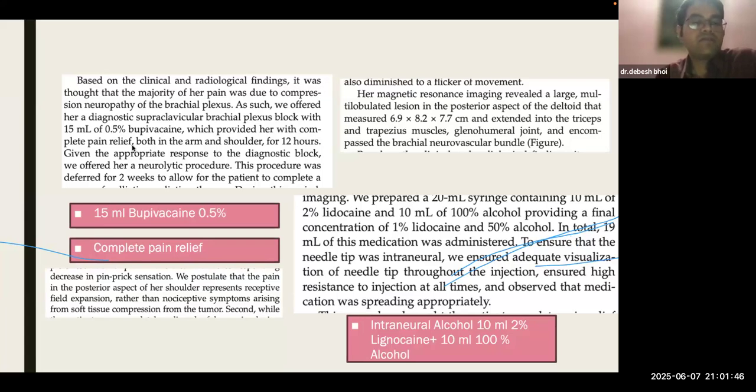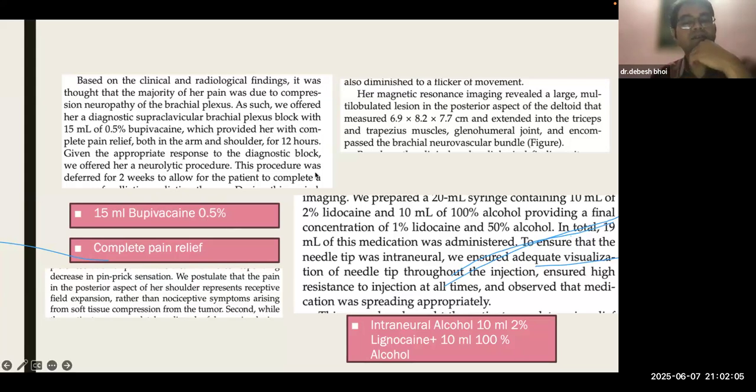In this case they first gave a supraclavicular diagnostic block with bupivacaine. The patient got complete pain relief, but she was not willing to accept the numbness that she had.